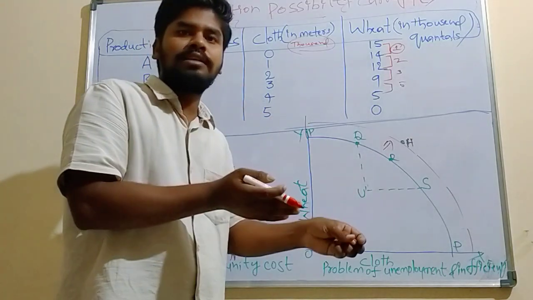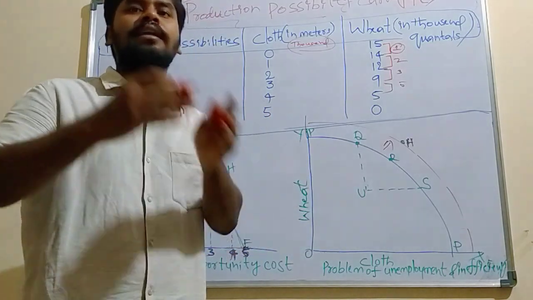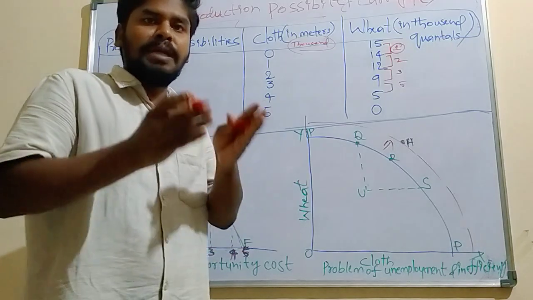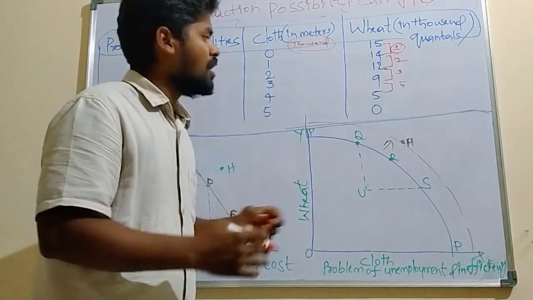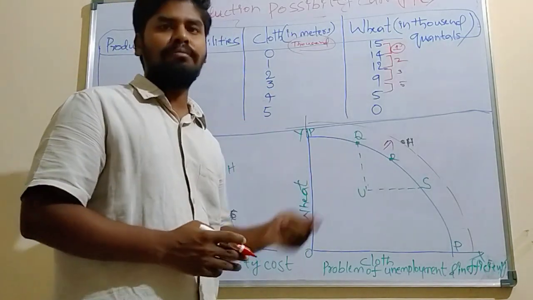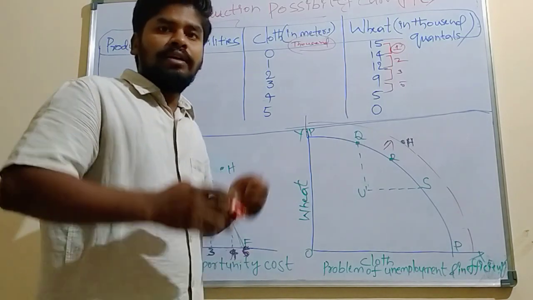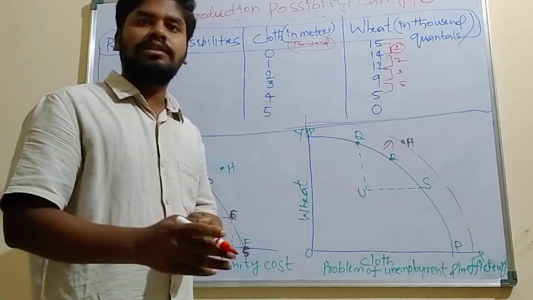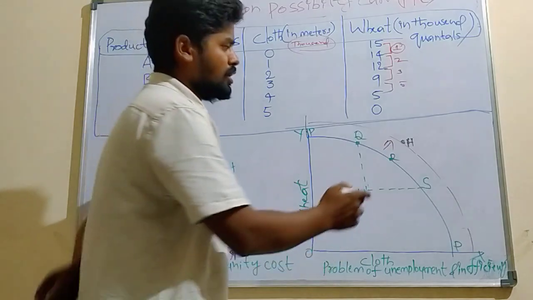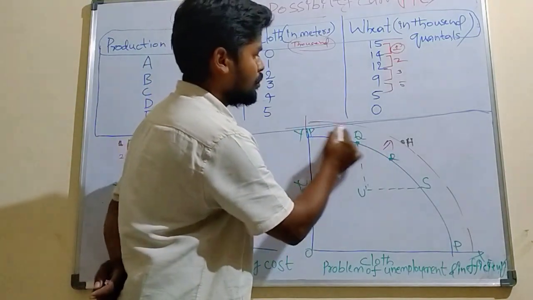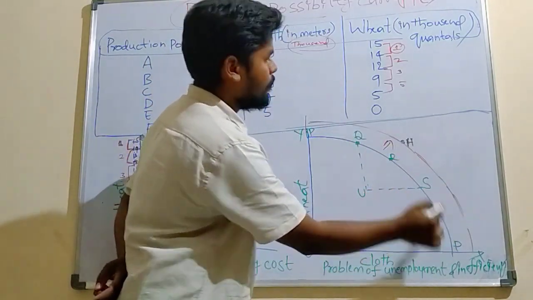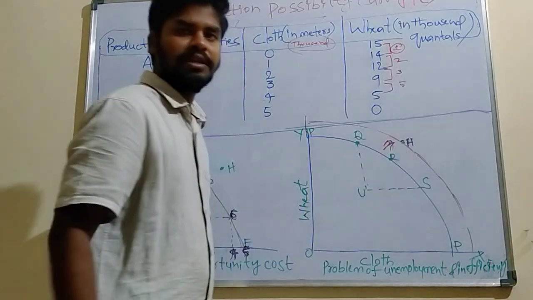Whatever the resources and technology, they cannot be used in a proper manner. When the people are well educated, there is a possibility to produce more and more. When the resources and technology are used in the optimum manner, there is a possibility to increase production. This increasing production leads to the upward shift of the production possibility curve.